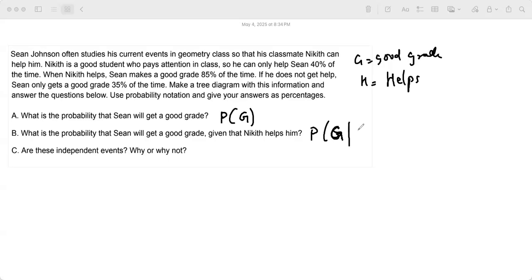So that is on a pipe symbol and H. H was the thing that occurred. You just need to find out G, assuming H already occurred. So basically G and H are the events.